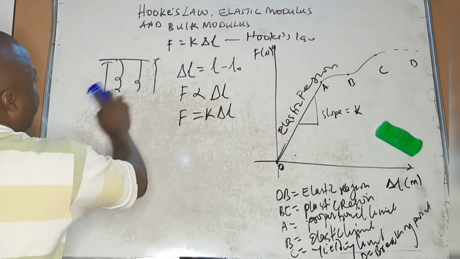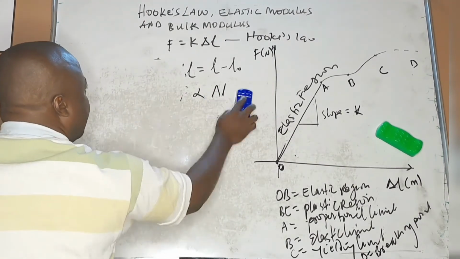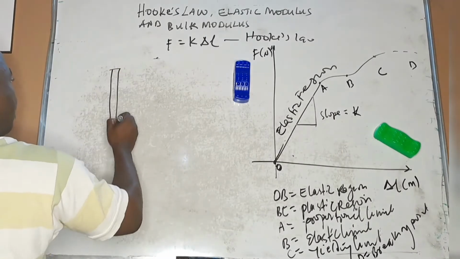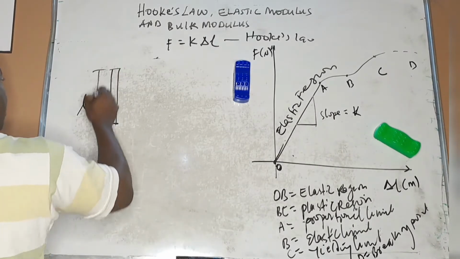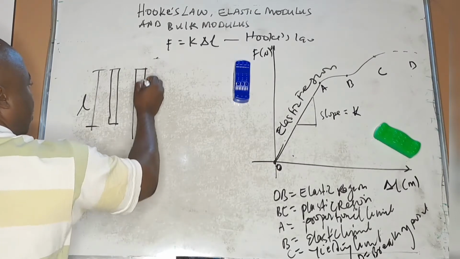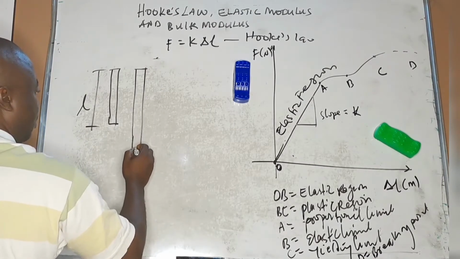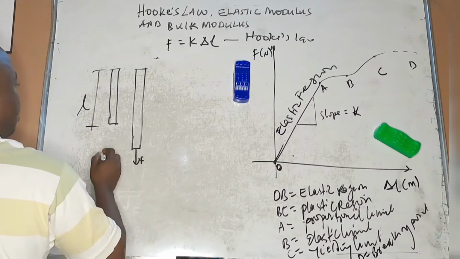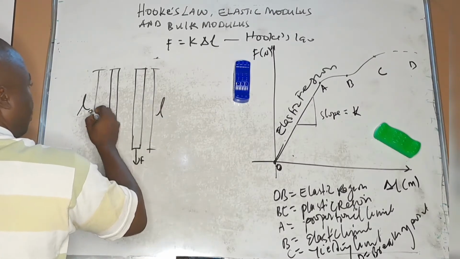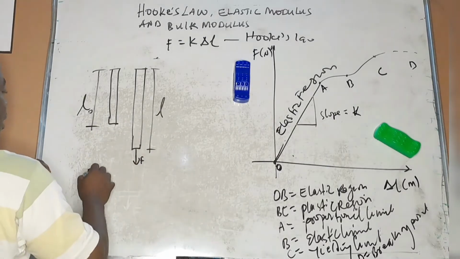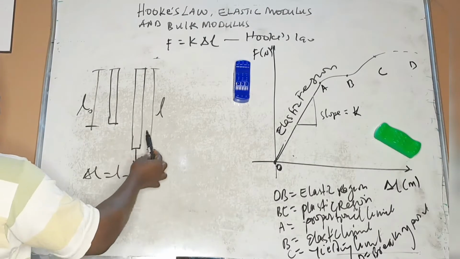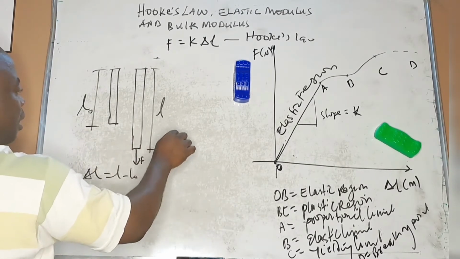Now, if you replace this spring with, say, a piece of metal of length L, and you apply force to it, there is an extension. It's L naught to L. So the change in length again is L minus L naught. It is positive because L is usually greater than L naught.